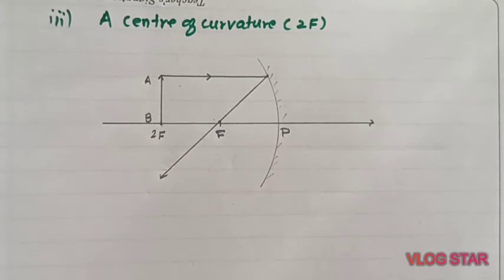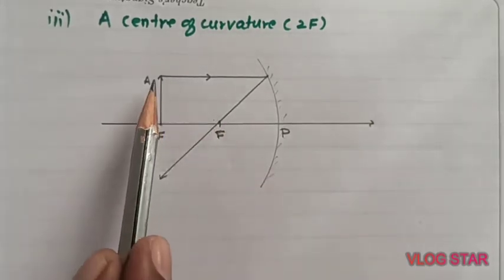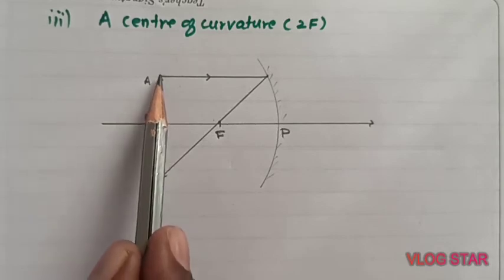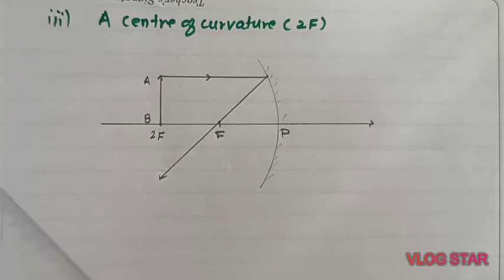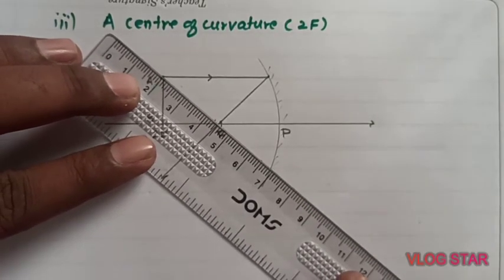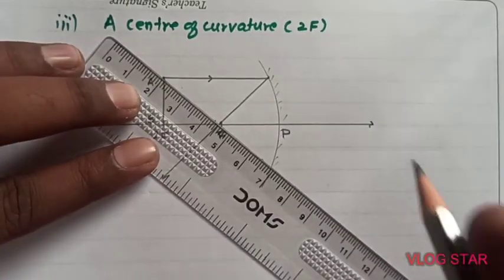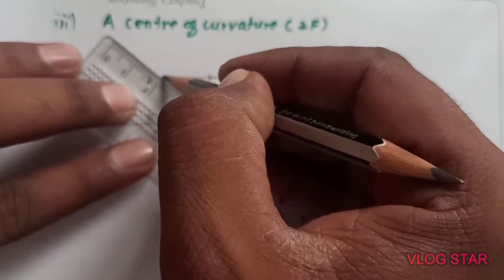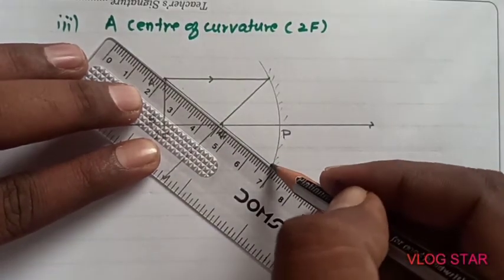Now what will happen if we take one more ray? Second rule, the incident ray is either through the focus or the center of curvature. From here, passing through the center of curvature is quite difficult, so we'll choose the second option. Suppose the second incident ray is through the focus, one more incident ray which is passing through the focus, isn't it?